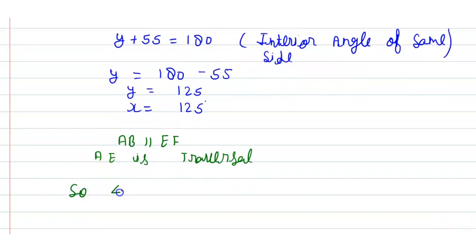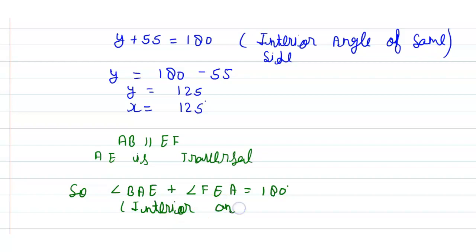So angle BAE plus angle FEA is equal to 180 degrees, because these are interior angles of the same side.